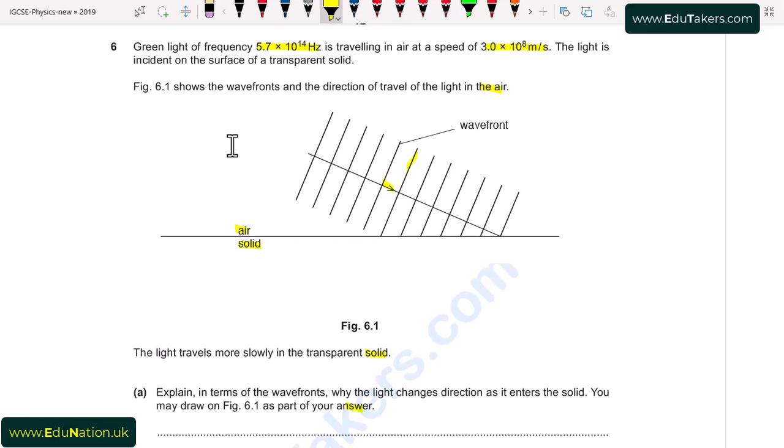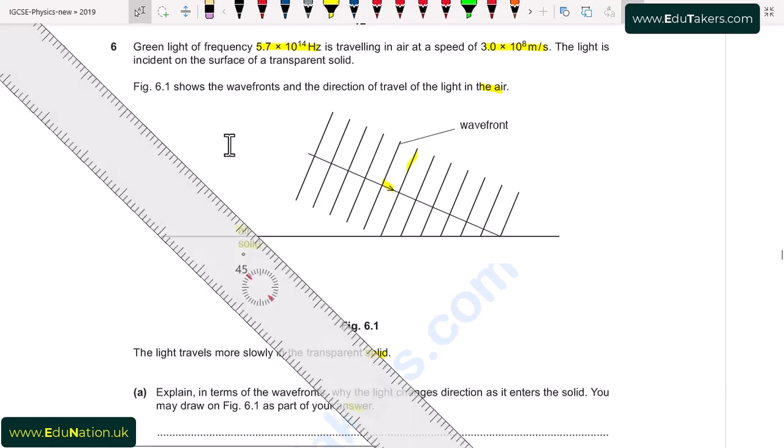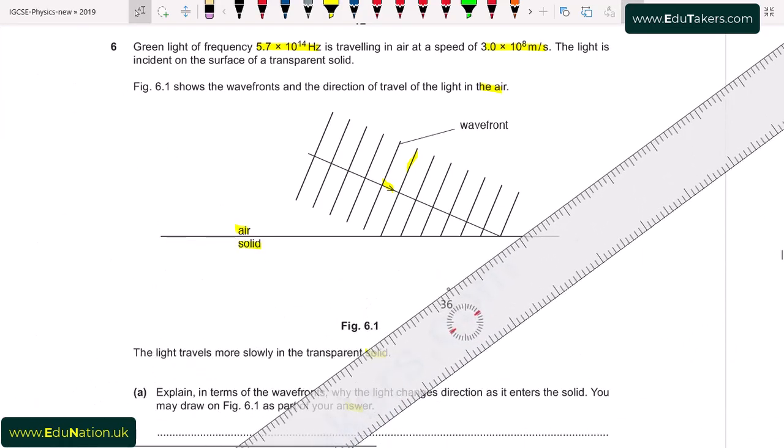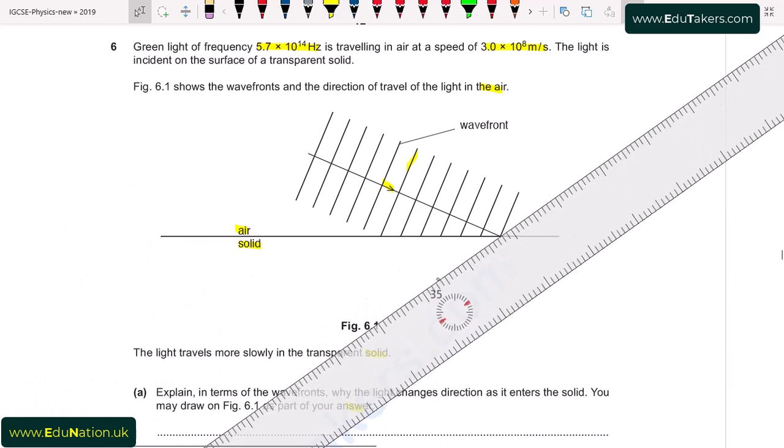When this light comes from air into the solid, its direction changes and it will be refracted so that the direction will be just like this.